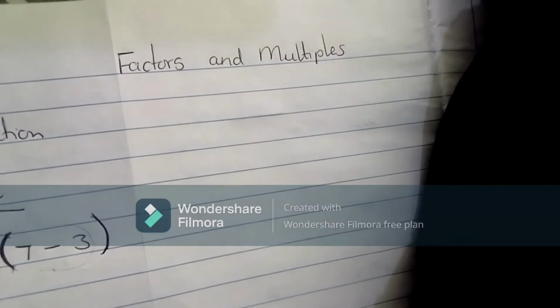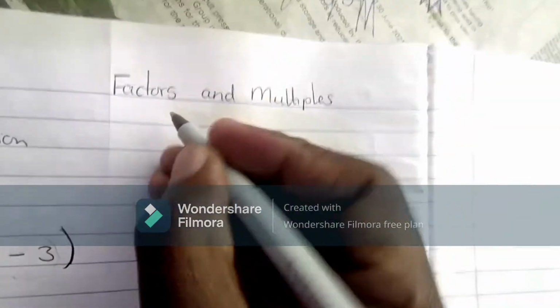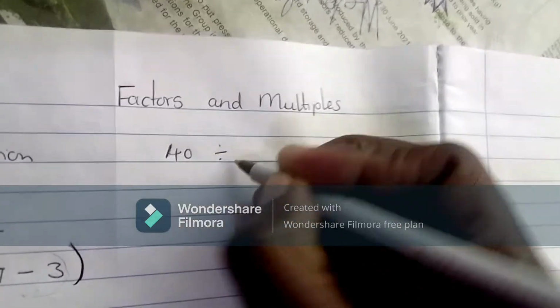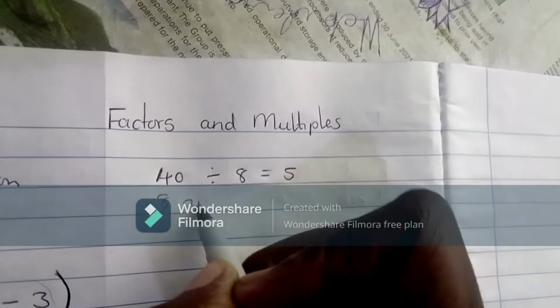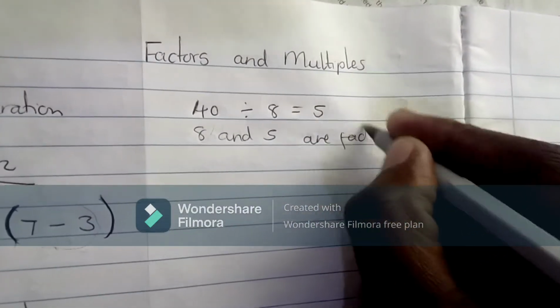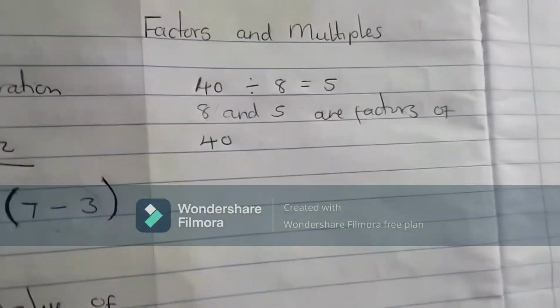On factors and multiples. Here we consider that, for example, if I give you 40 divided by 8, we obtain 5. Meaning that 8 and 5 are factors of 40, right?